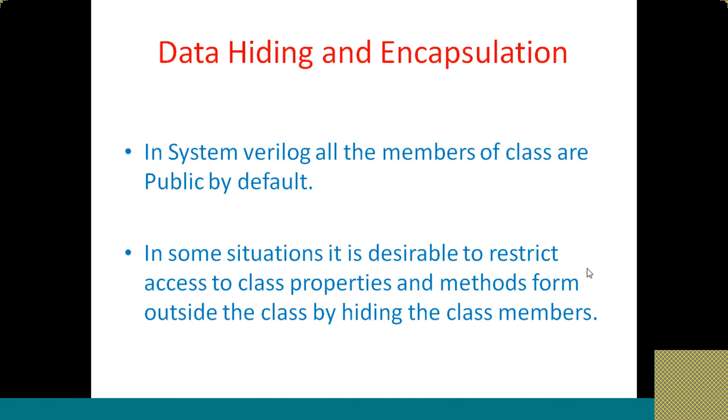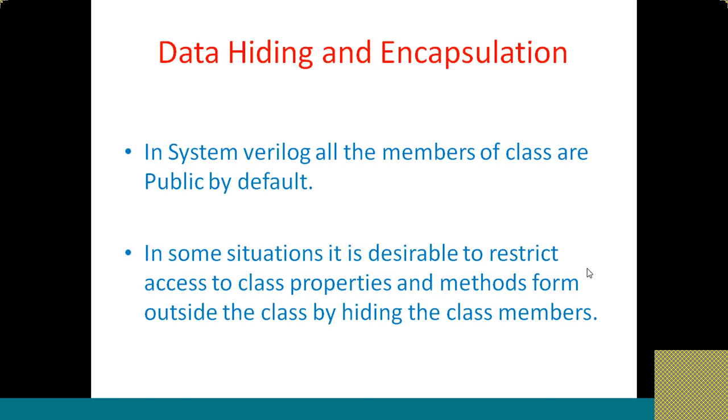Firstly we need to understand what data hiding and encapsulation are, and what the need for them is in SystemVerilog. In SystemVerilog, all members of a class, like properties and methods, are public by default.